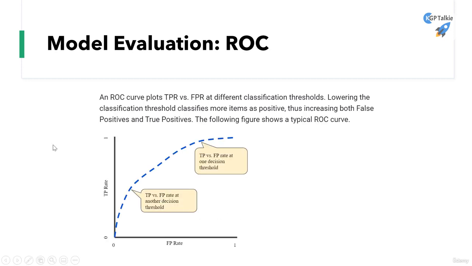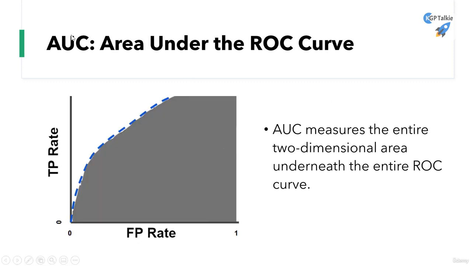So here we have the ROC curve, and this is the true positive rate and this is the false positive rate, and these rates are plotted at various thresholds of the classification. And if we calculate the area under the ROC curve, we get the AUC, that is the area under the ROC curve.